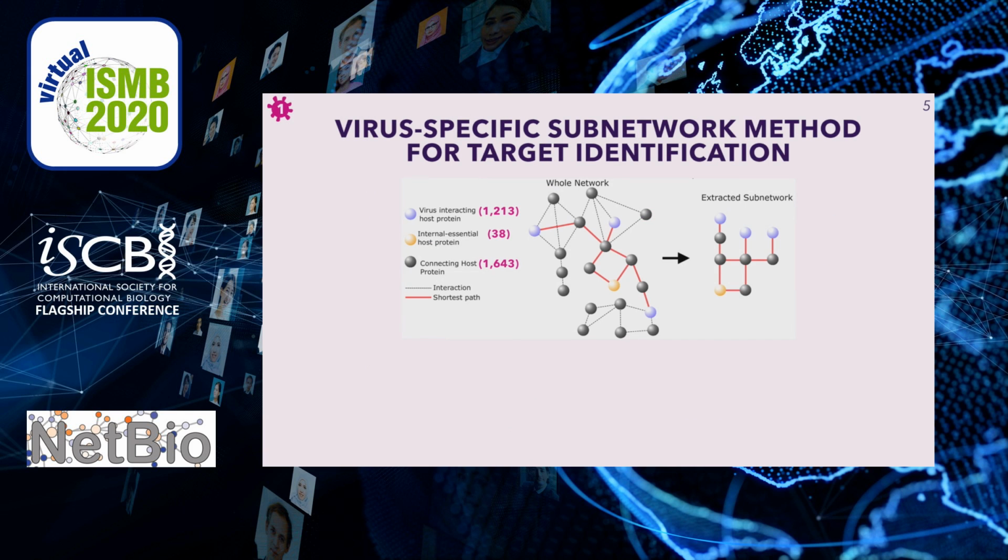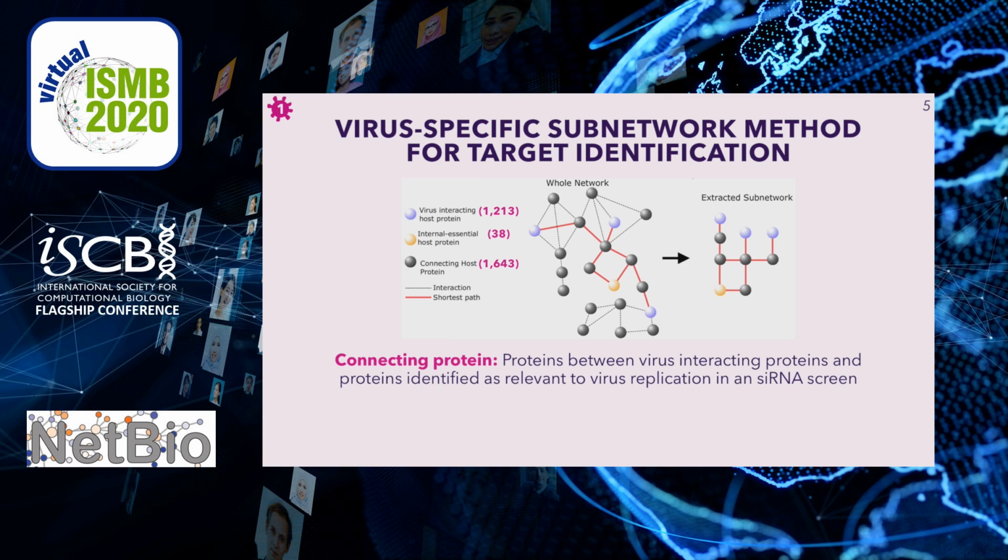The first method we've applied to influenza A. It's a virus-specific subnetwork extraction where we take data about virus-interacting host proteins, shown here in blue, and proteins that, using siRNA data, we've identified as important to viral replication, here in orange, and we extract all the paths between them and call those, in gray, the connecting proteins.